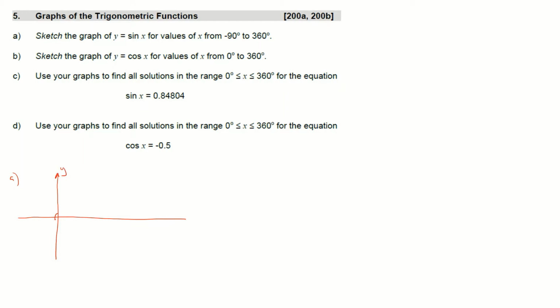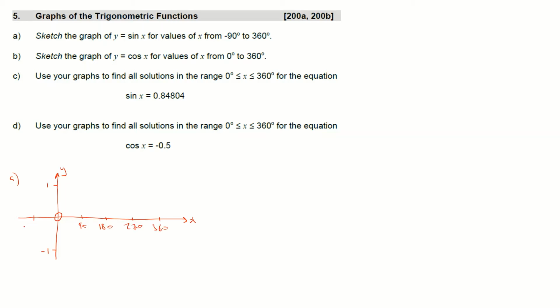My y-axis and my x-axis. Now it says go from minus 90 to 360, okay? Remember, the sine graph never gets higher than 1 or lower than negative 1. So I go 90, 180, 270, 360.